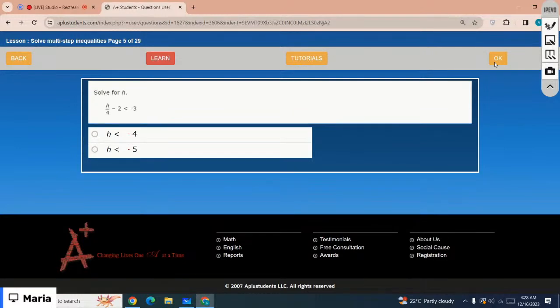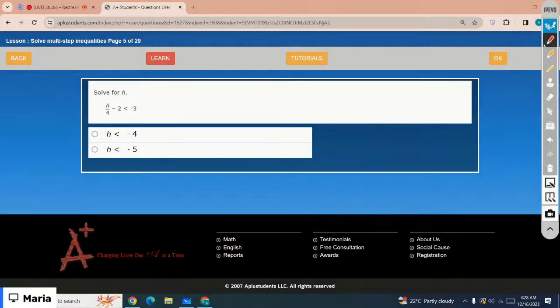Okay, solve for h. Which is the correct option? Okay, let's just solve this one on the board. First of all, move negative 2 to the other side, right? That means you need to add 2 on both sides. 2 minus 2 is 0. You are left with h over 4.